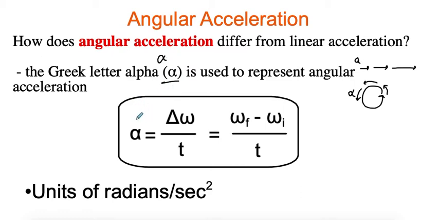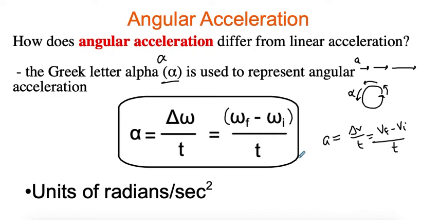And the angular acceleration equation is change in angular speed over time. And remember, that change in angular speed can be written as final minus initial speed. So if we write our regular acceleration equation here, it's change in velocity over time, which is final velocity minus initial velocity over time, and these are linear quantities.